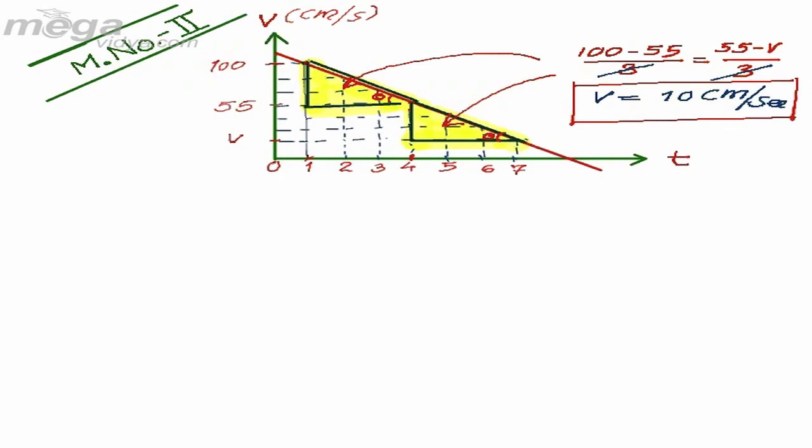But on the other hand, if we use the graphical analysis method for the same problem, it just becomes a matter of seconds. You just have to draw the graph, study the similar triangles, write just one equation, and we get the answer. As I told you earlier, we solved this question using the graphical method. So the answer is 10 centimeter per second.